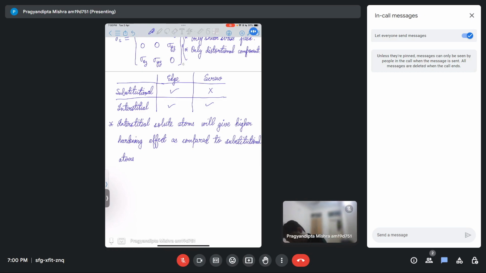Everything per unit concentration, of course, for the same amount of concentration we're comparing them.